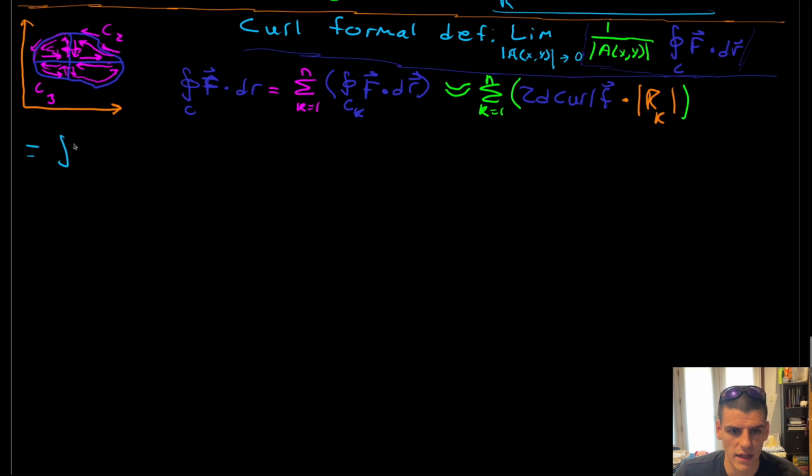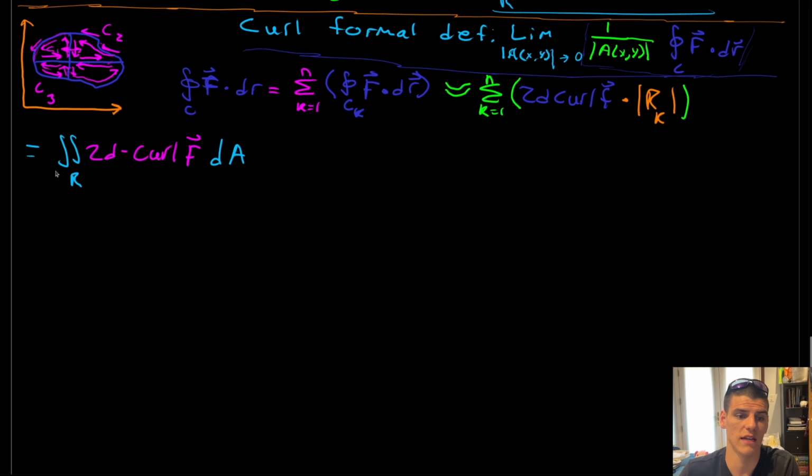So we can rewrite that as the double integral over R, our region, of 2D curl of f times dA. And now we're able to get rid of that little approximation, because what an integral does at heart is that it takes those infinitesimally small little areas, and so it's no longer just an approximation of we cut it up into some arbitrary amount of sections.